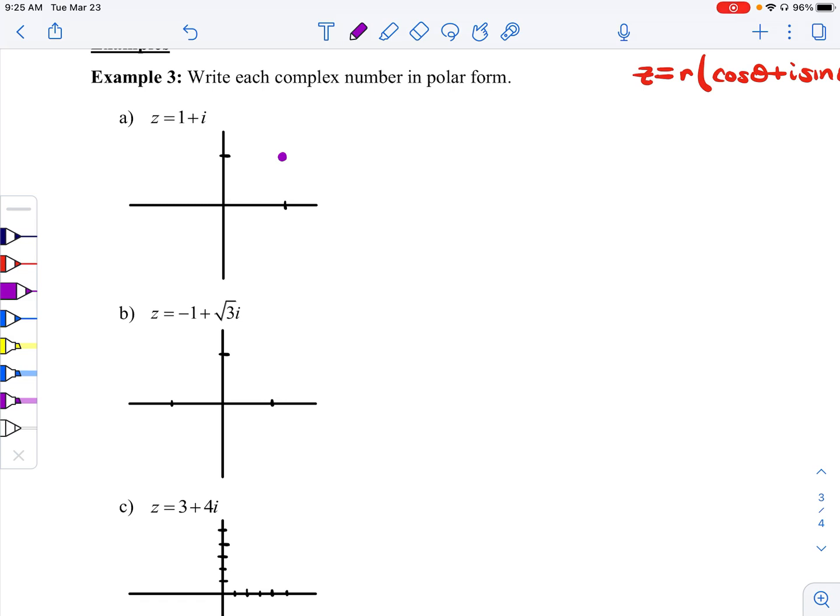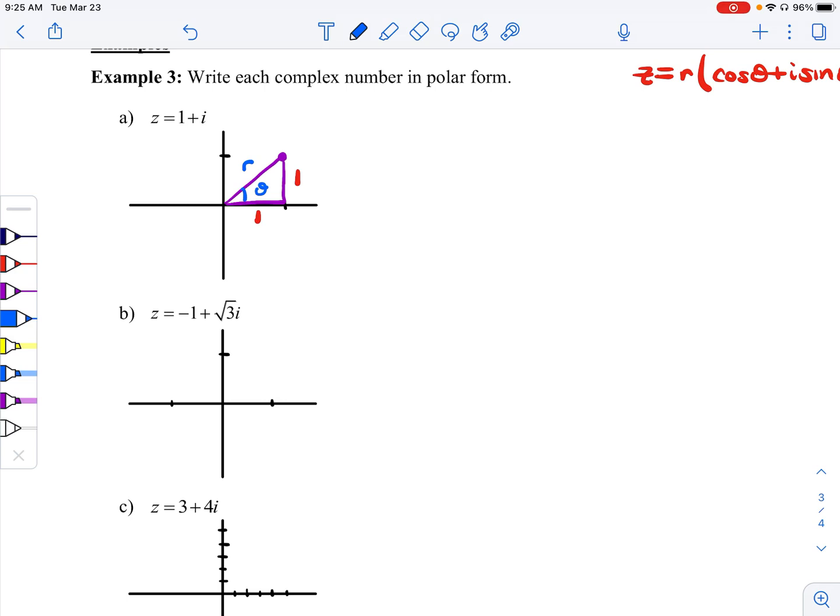So 1 plus i would be in quadrant 1. I'm going to sketch my little right triangle right here. 1 plus i means our x is 1, and our y is 1. And what we need to find is our angle theta and our radius of r.